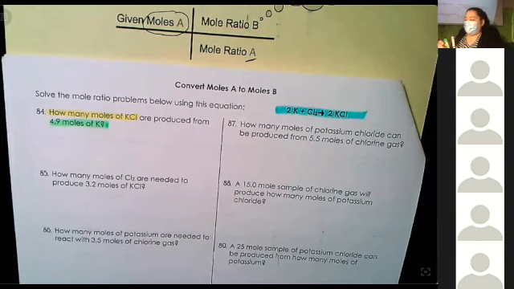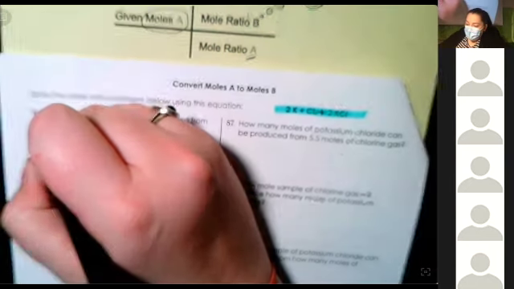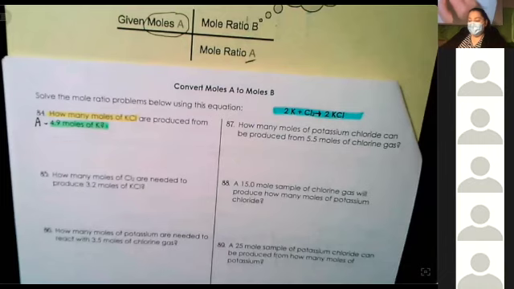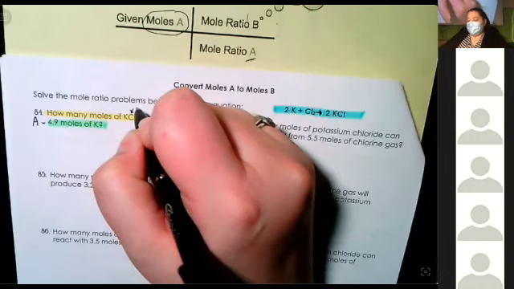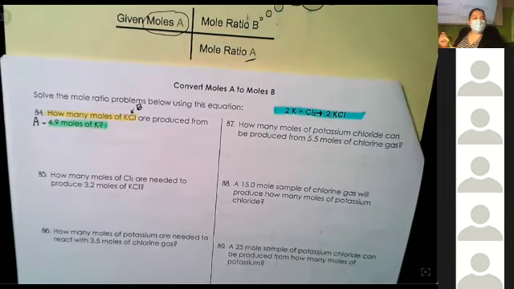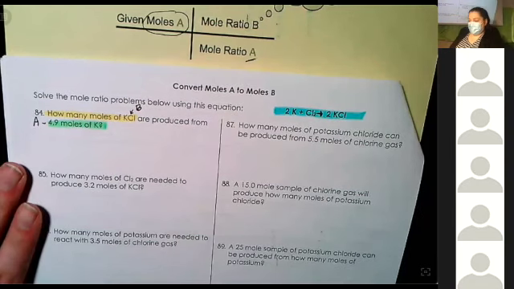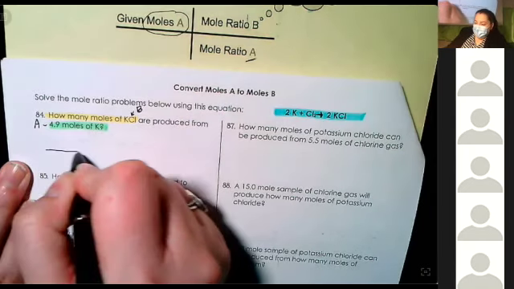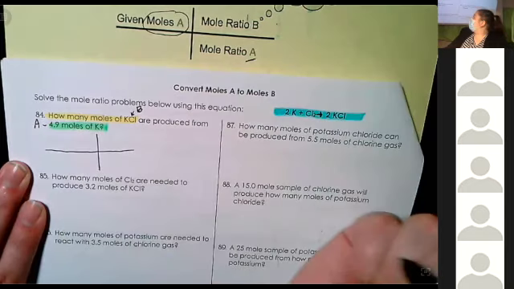That's what we're given. This right here is substance A, which is K. Substance B is going to be KCl. So now we can use the little setup I gave you. Or since some of you have been doing this with me every day, you already know how to set this up. We'll start with what we're given.